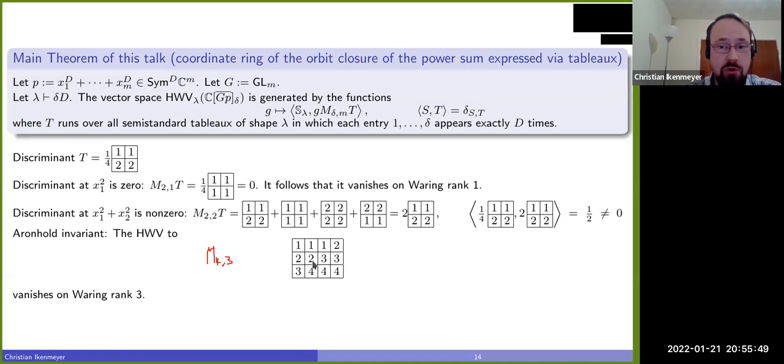But for 1, 2, and also for 3, you will always get a repeated entry in one of the columns. It's the same kind of argument that you did for the discriminant vanishing at Waring rank 1: you see that the Aronhold invariant vanishes on Waring rank 3. You just see this immediately from this description.